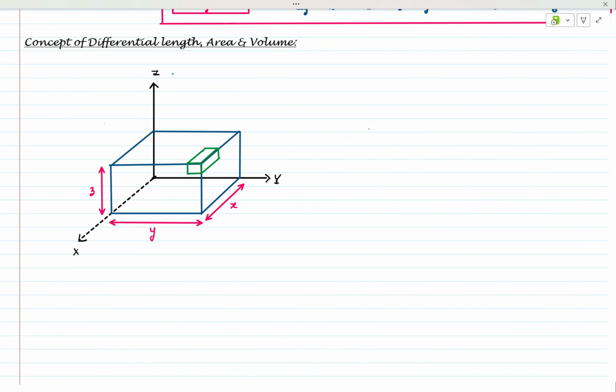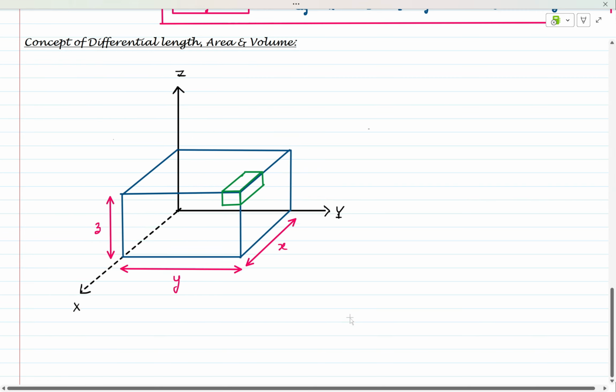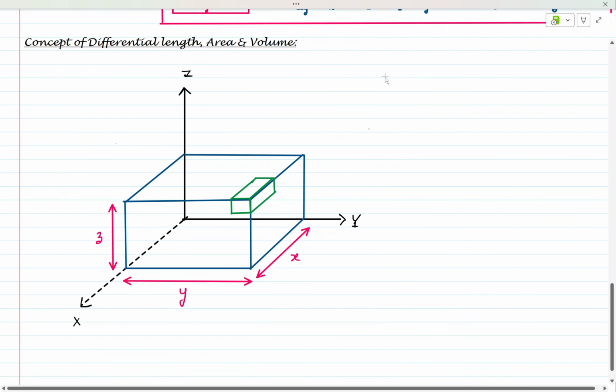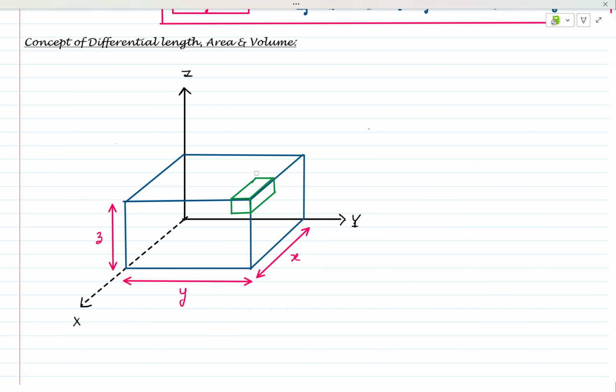Now, let me just drag it larger. So as it is a small piece inside this large block, that means this is nothing but a small block.